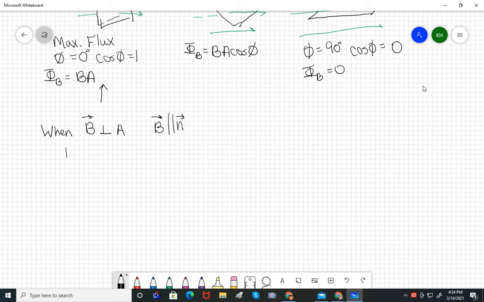We said that the flux would be equal to BA. We can rearrange that and say that B, the magnetic field strength, is equal to the flux divided by the area. When we think of our units, we can see that 1 Tesla is the same as 1 Weber per meter squared.